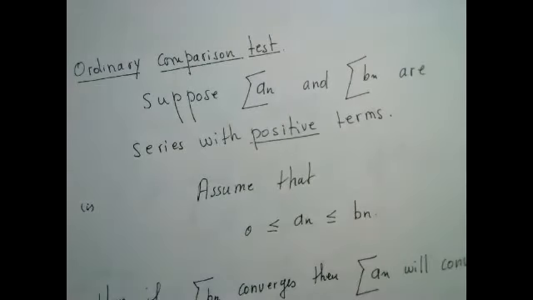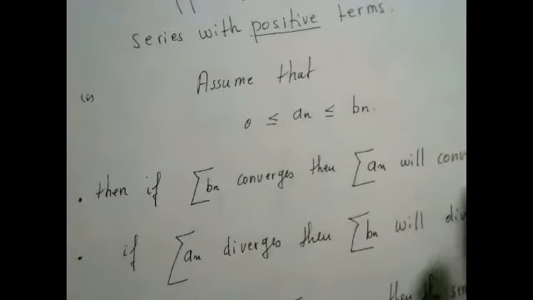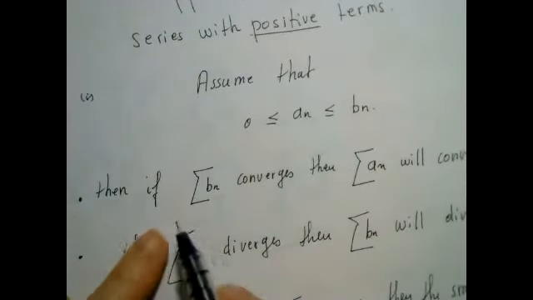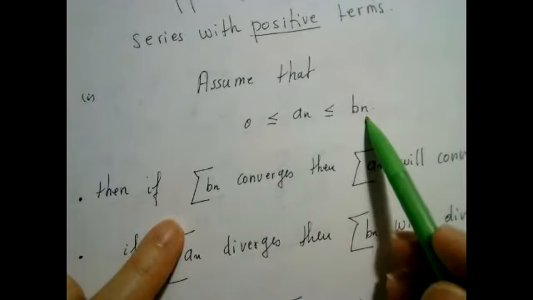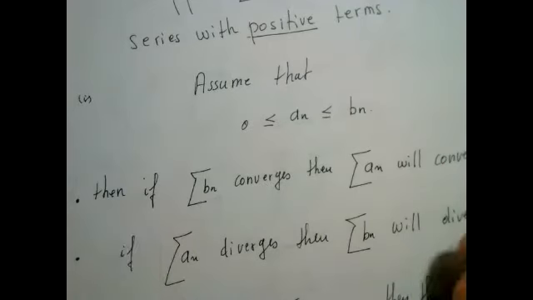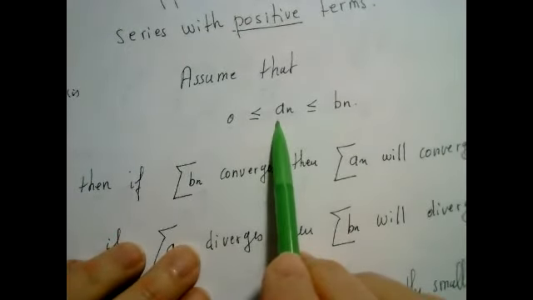This test tells me the following. So suppose you have the following series, and every an is less than bn. Then, if sigma bn, the largest, if we add those, it converges, then the smaller sigma an will converge.